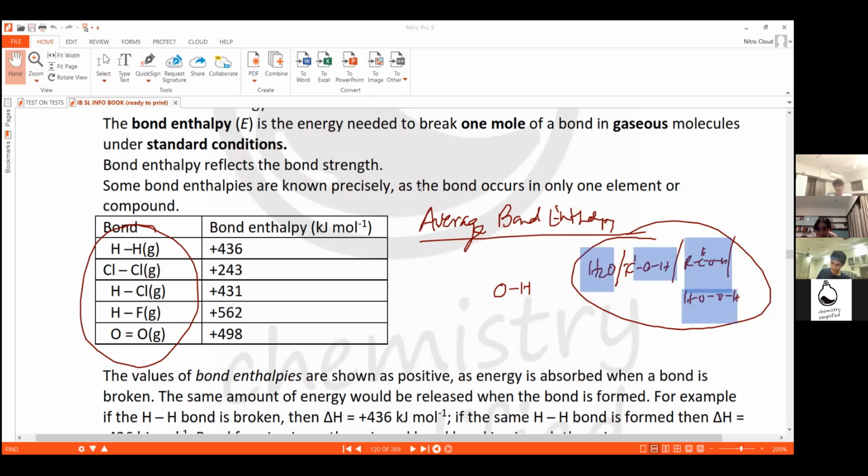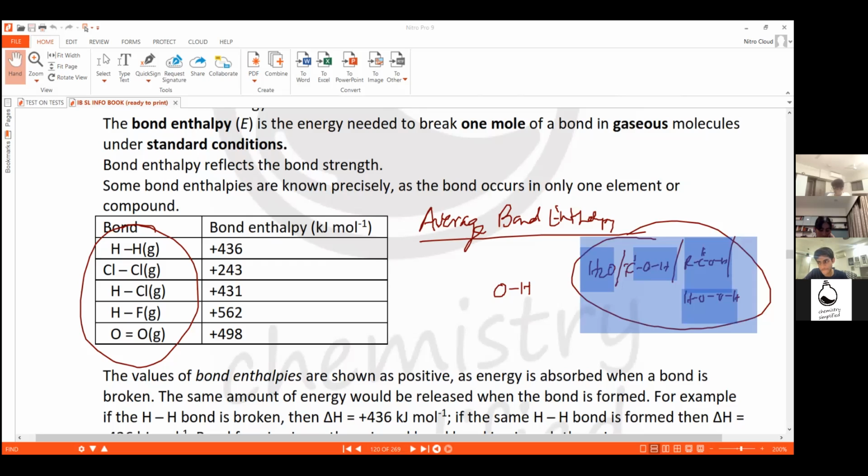So can I say that the bond enthalpy of the O–H bond is different depending on which molecule has that O–H bond? Is that correct? Depending on which molecule I am breaking that bond in, if the molecule changes, the bond enthalpy value will also change. But the O–H bond can be found in thousands of molecules. I cannot have 1000 values in my data booklet.